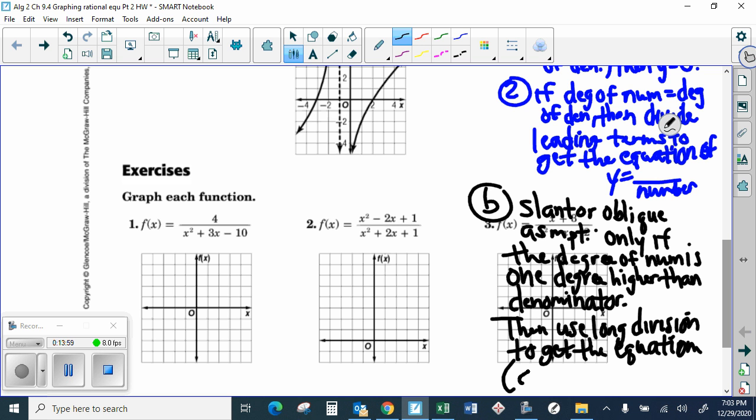And within that, drop the remainder. So there could be a remainder, probably is, but you ignore the remainder, just the part before the remainder. Drop the remainder.